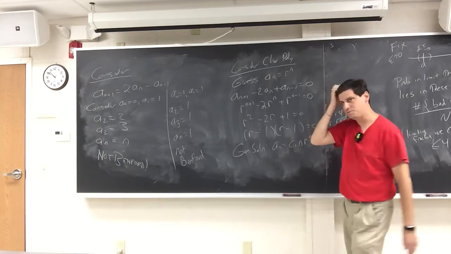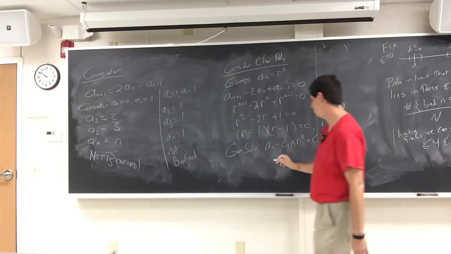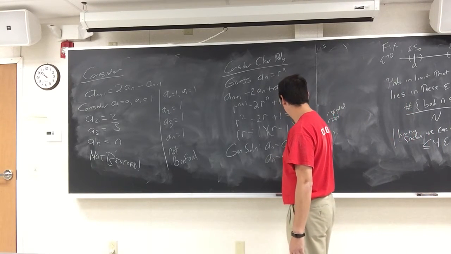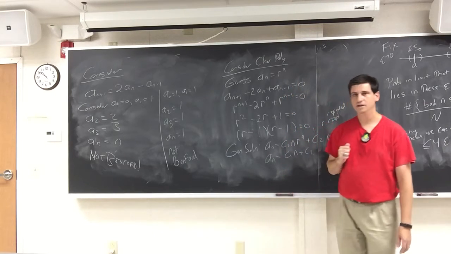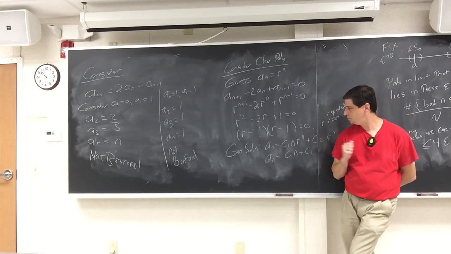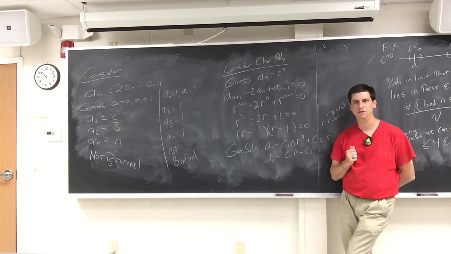I'm just writing it like this because since the root is 1, you're not going to see the 1 to the n. And you'll get the solution is just a_n is c1 n plus c2. And I'll maybe spend a minute or two at the start of the next class as to why this is the solution when you have repeated roots.